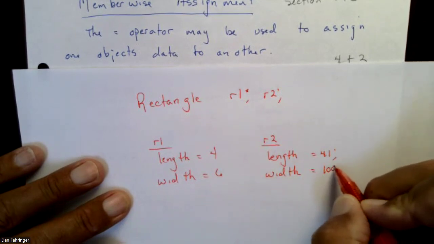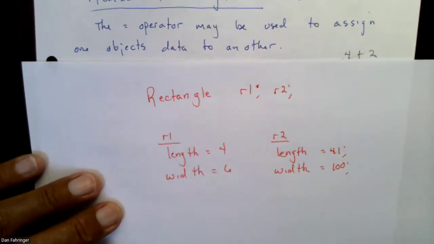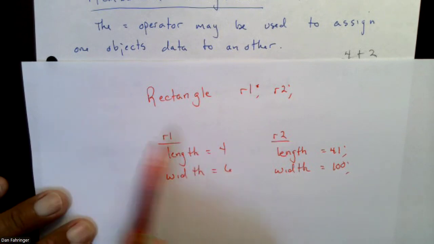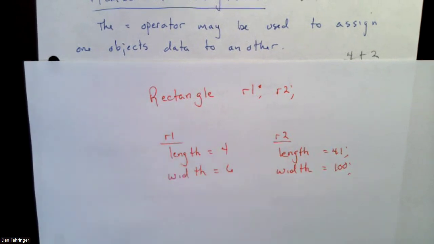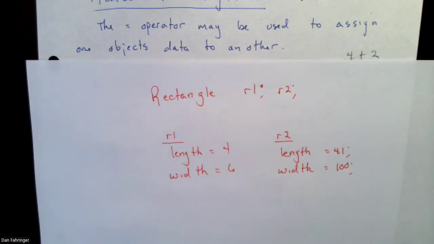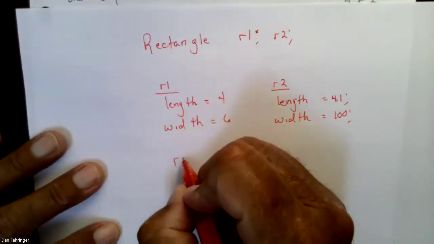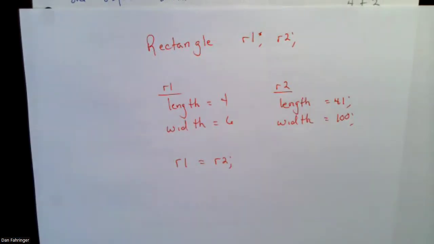None of these are static. Static wouldn't be owned by either one of these. Like I could have a static variable area, which would find the area of R1 and add it, find the area of R2 and add it, and I could start to plan how much lumber I need to buy. Static variable would work nice that way. Is this, R1 assignment operator R2, legal?